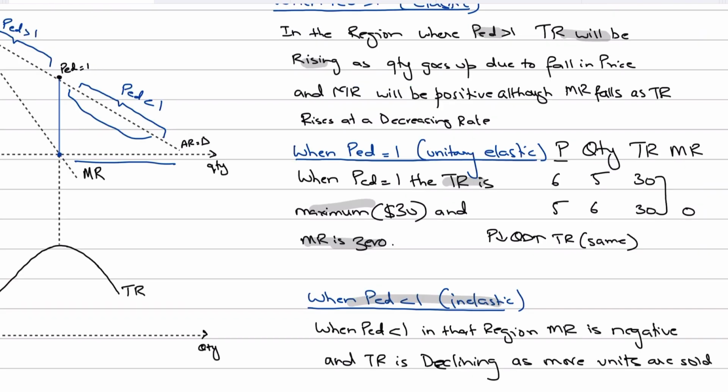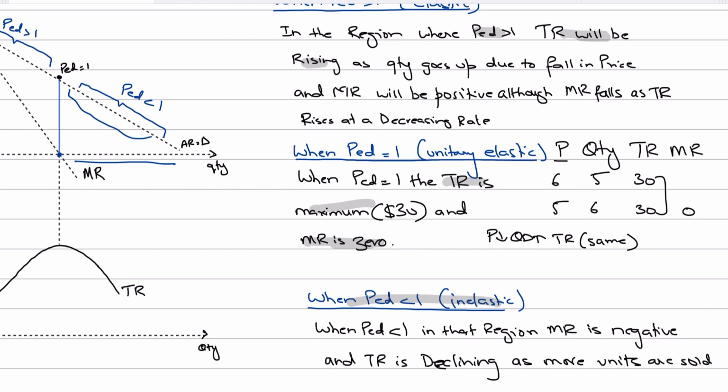So guys, before I end this video, what we learn is that unlike the case of a price taking firm, the total revenue curve for a firm in an imperfect market is not a straight line. It's actually a curve that rises at first and then falls. But why? As long as your marginal revenue is positive and your demand is price elastic, a rise in output will raise total revenue.